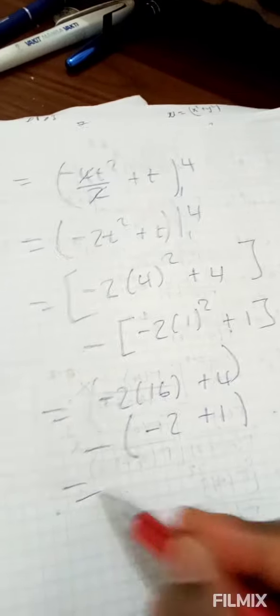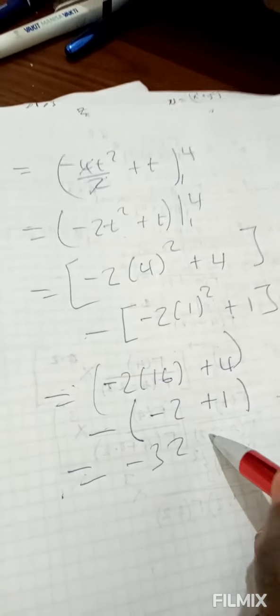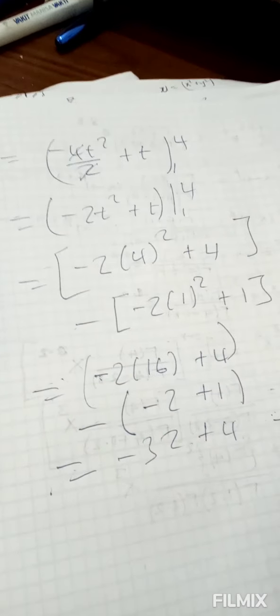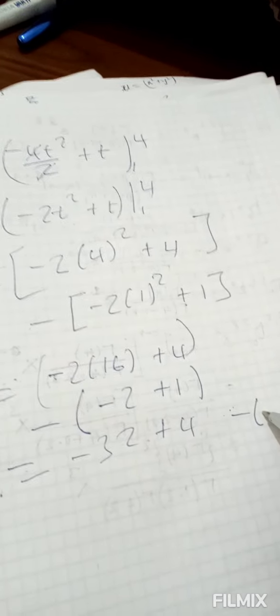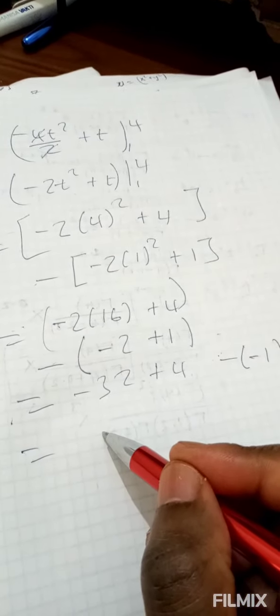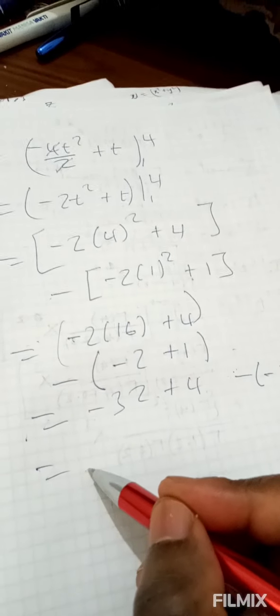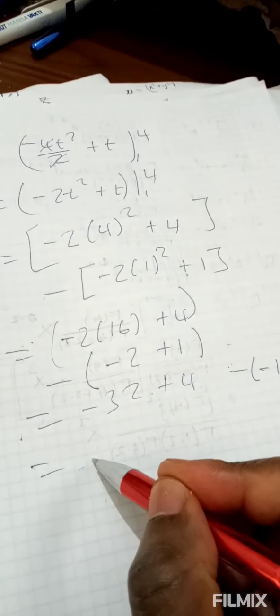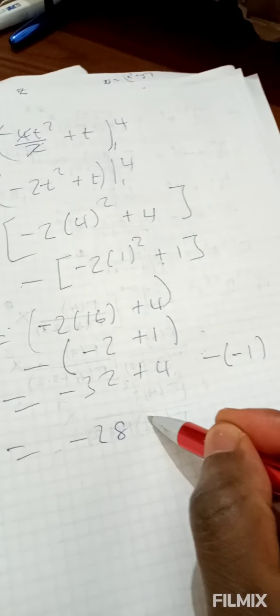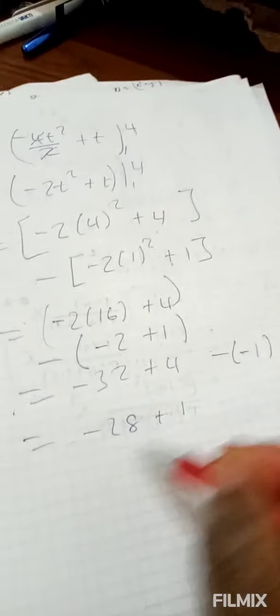Then we have minus 32 plus 4, minus, minus 2 plus 1, which is minus 1. So this is minus 32 plus 4, which is minus 28, then plus 1, which is minus 27.